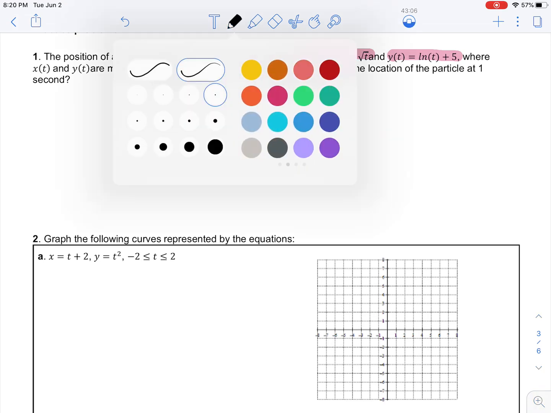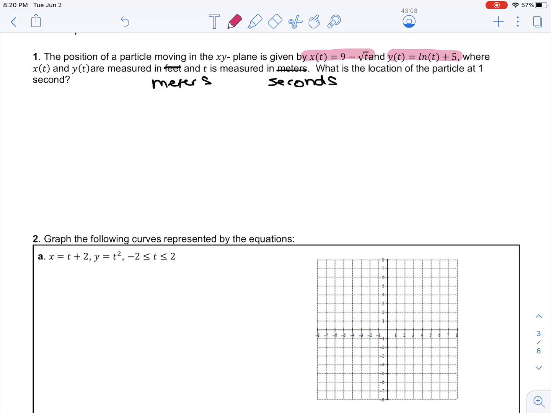So we need to translate what is being asked of us here. It says, what is the location? We want to know the horizontal location, which is coming from our x of t, and our vertical, which is coming from our y of t. And we want to know that at the specific t value of 1.